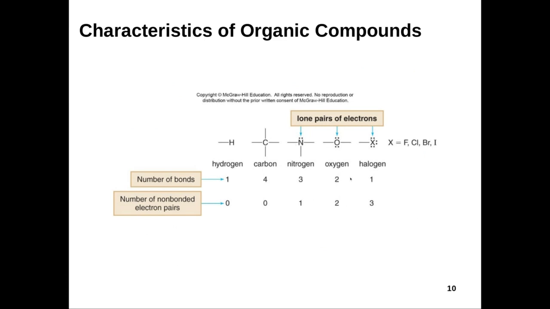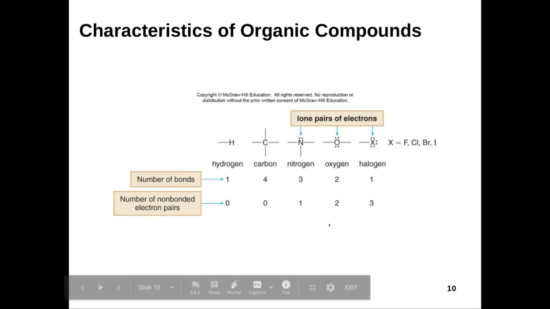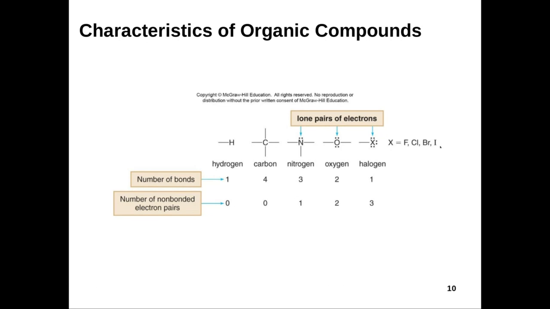Oxygen, typically speaking, likes to form 2 bonds, has 2 lone pairs, as we can see here. And then our halogens, whether it's fluorine, chlorine, bromine, or iodine, at the far right of the periodic table before we get to those noble gases, like to form 1 bond and have 3 pairs of electrons hanging off them as well.